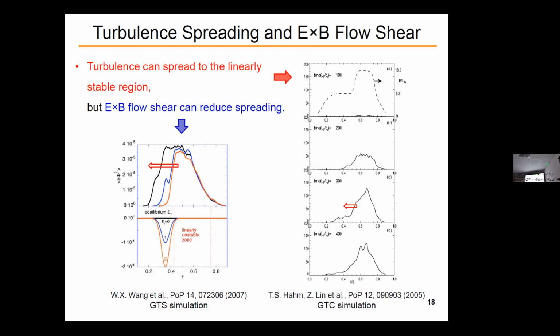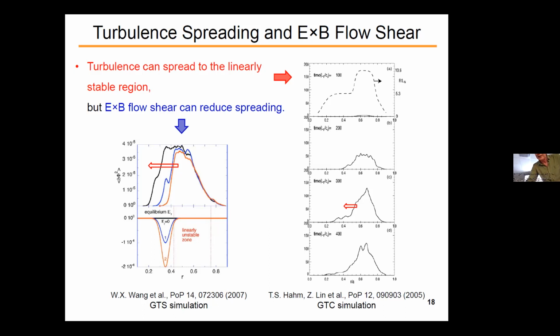Also, I think Carlos and others, and Pat before that last week, discussed that ExB flow shear can reduce the turbulence spreading. As the ExB shear layer gets deeper, the turbulence spreading extent can be reduced. But of course, more studies, scans and understanding are needed for this.